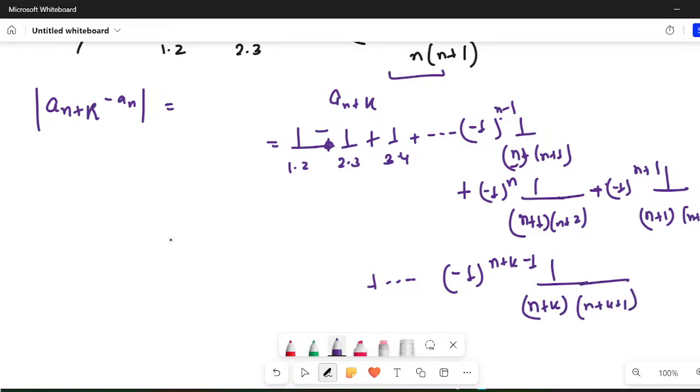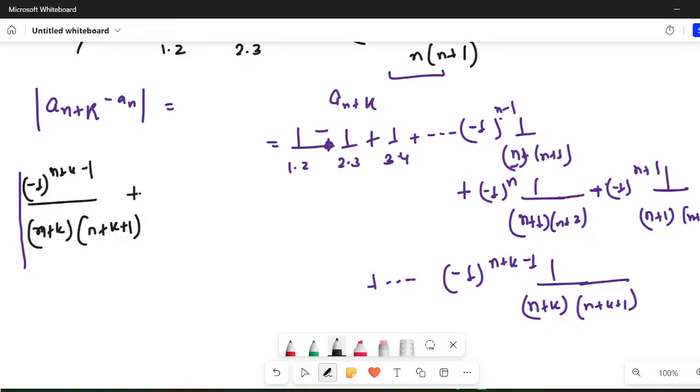Okay, now if I want to write a_{n+k} minus a_n, what would it be equal to? It would be equal to modulus of minus 1 raised to power n plus k minus 1 divided by n plus k, and then you will have this n plus k plus 1.